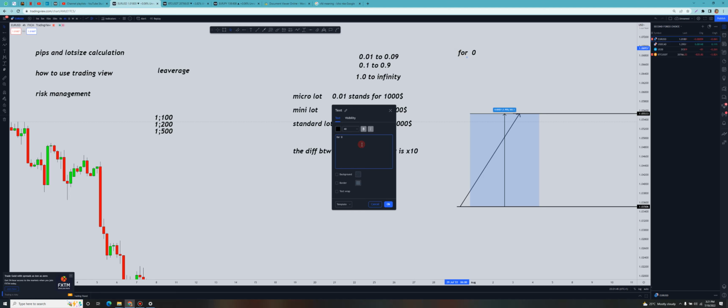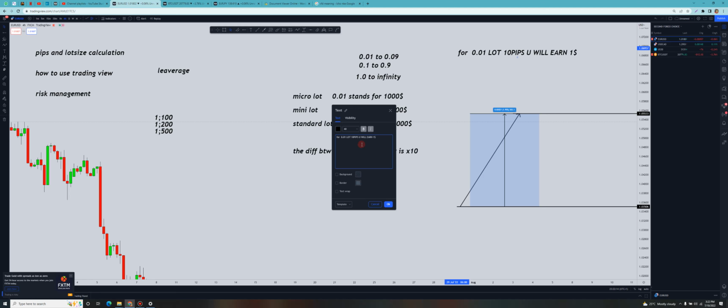So now this is the formula I quickly give out. For 0.01, that means a micro lot, if the market moves 10 pips, you will earn $1.